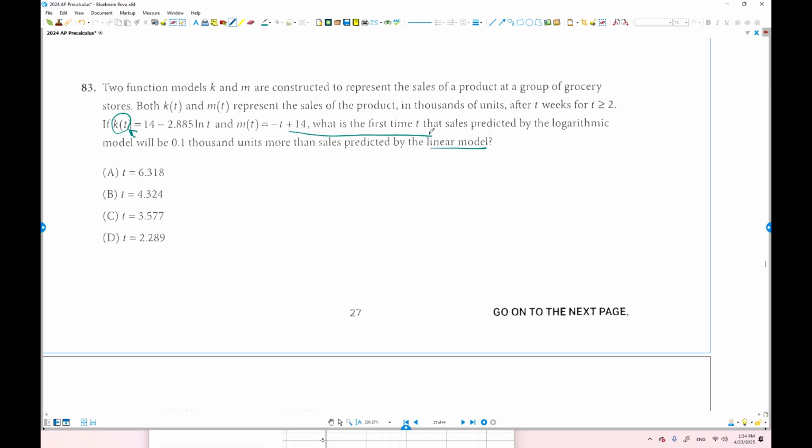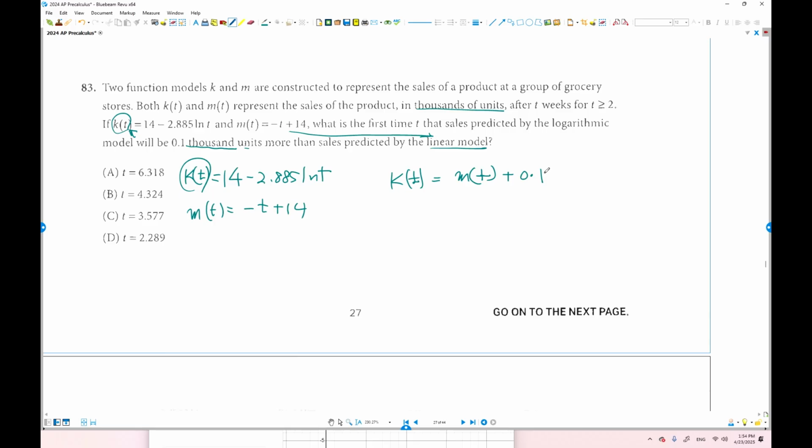The log model is 4.2885 ln t, and the linear one is negative t plus 14. K of t equals M of t plus 1, because the units are in 1,000. So more than 1,000, that's the equality we have to solve.